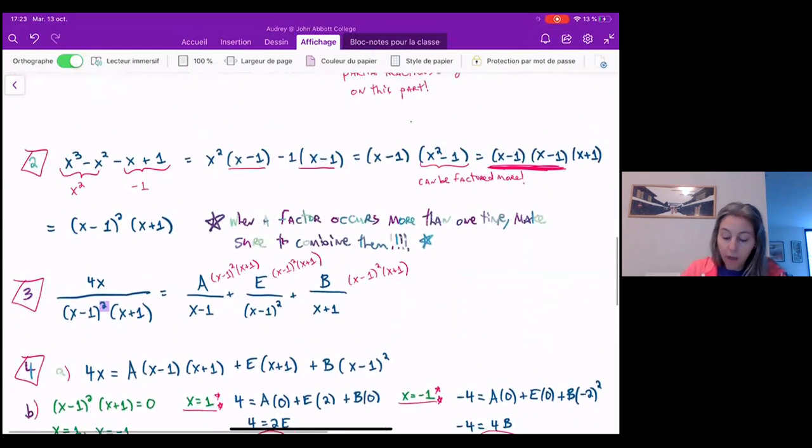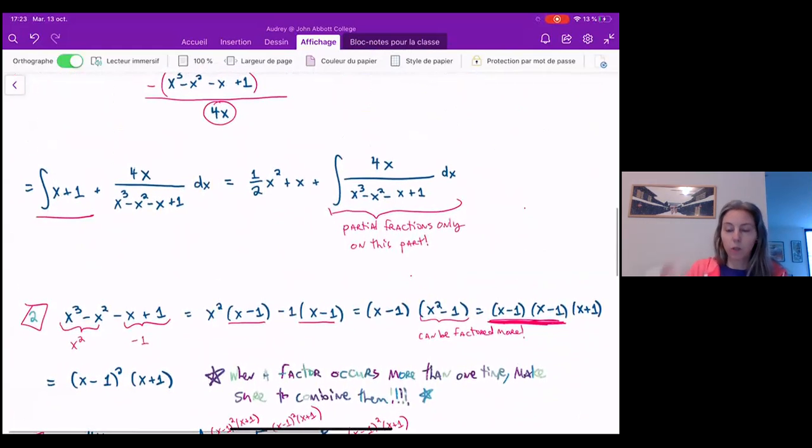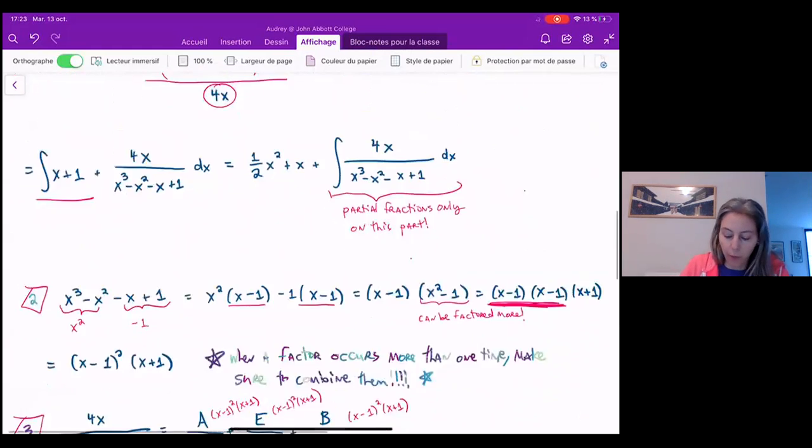So we already found the integral of x plus 1, so it was just this second part that we were evaluating.